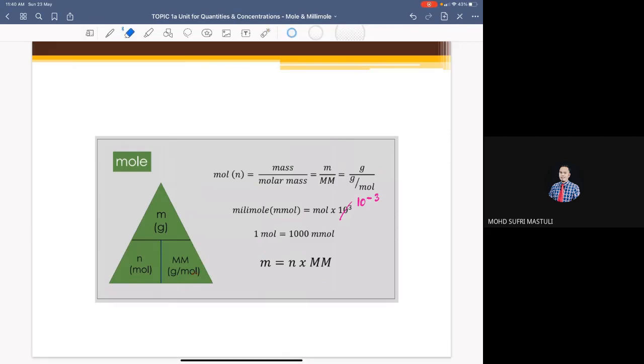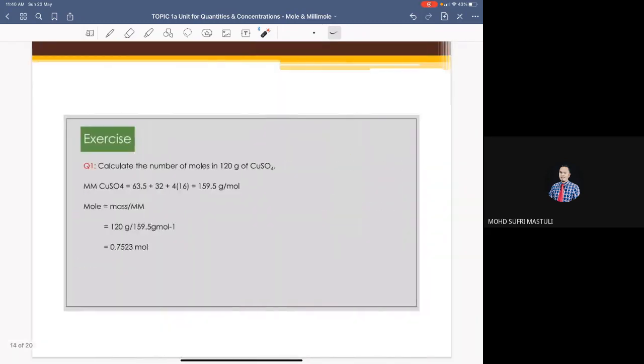But there is no need to memorize this triangle. As long as you know the formula to calculate the mole, you can play around to calculate the mass for a particular substance using the same formula.